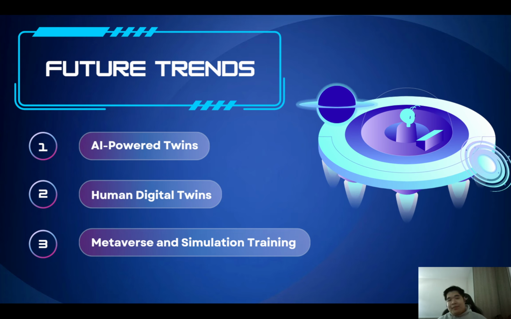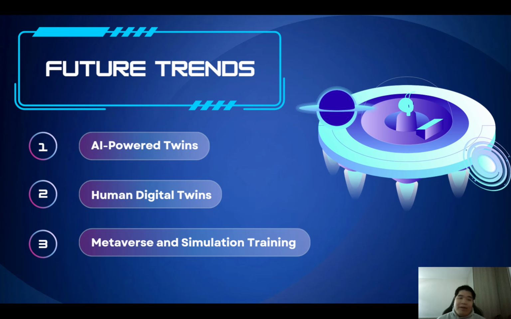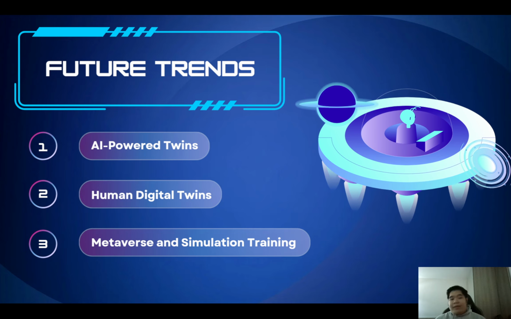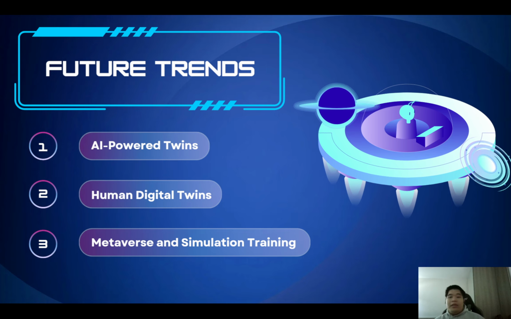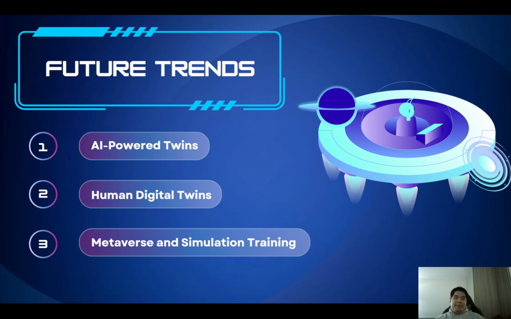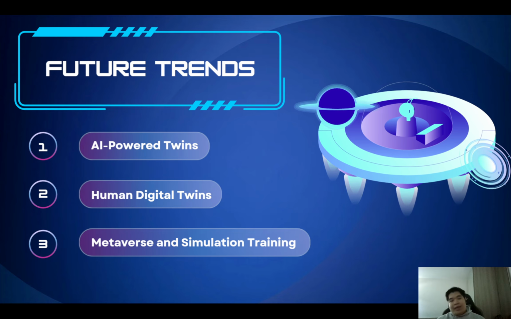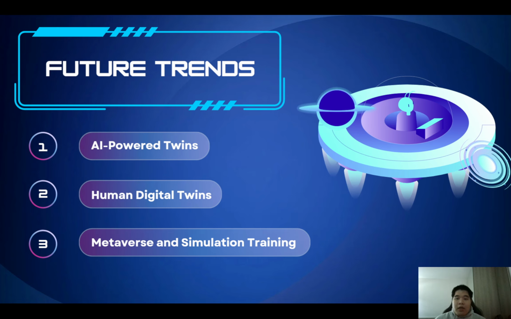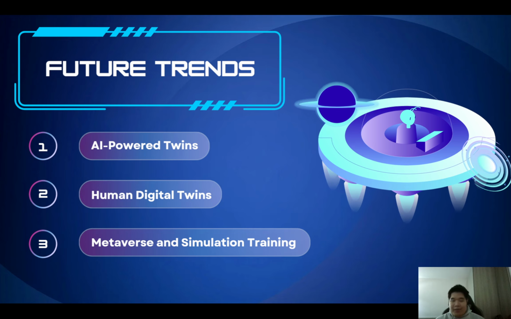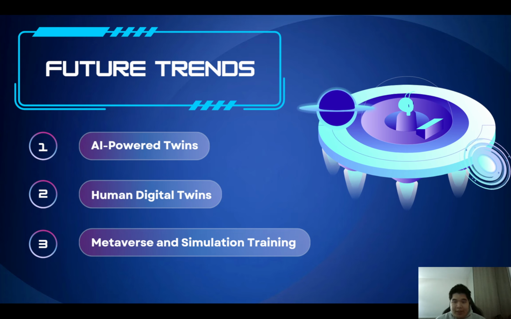And lastly, the metaverse that you might already see on the internet. The metaverse and simulation training: the digital twin could be part of the metaverse, like real cities for pilots to train. It will enable realistic environments for training pilots, of course, doctors on humans, or emergency responders.